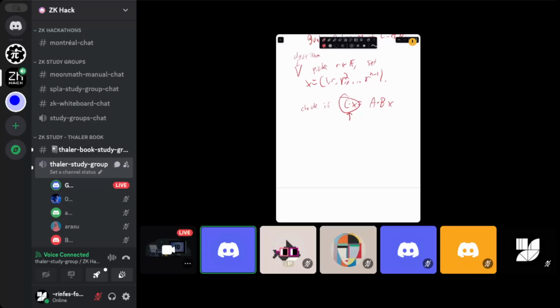This is a matrix vector multiplication, which unlike matrix multiplication can be done in linear time, right?